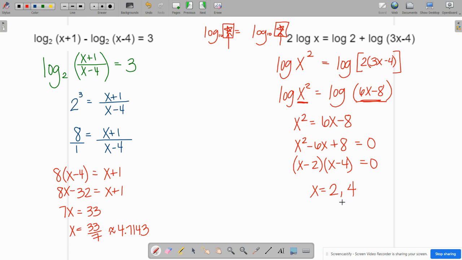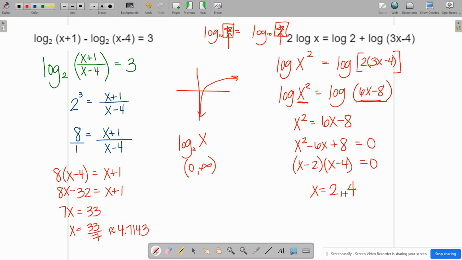You do want to check your answers to make sure that these work. Remember, with a logarithm, we typically have it set up so that your domain, if you're doing log base 2 of x, for instance, is from 0 to infinity. You're not allowed to take the logarithm of a negative number.